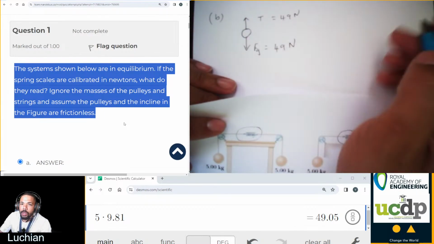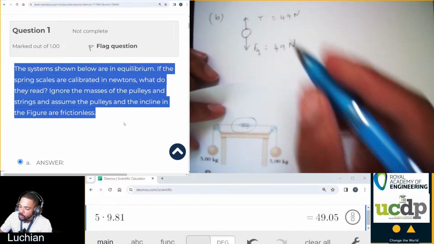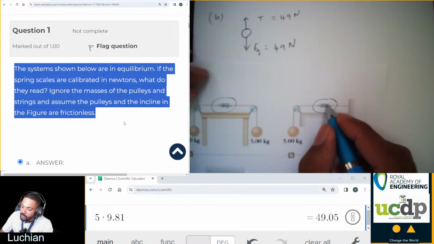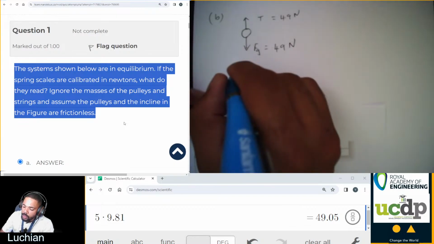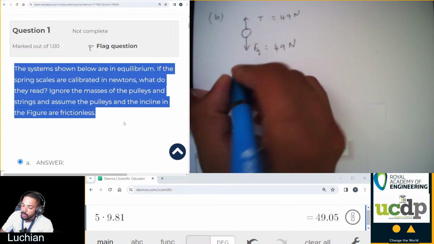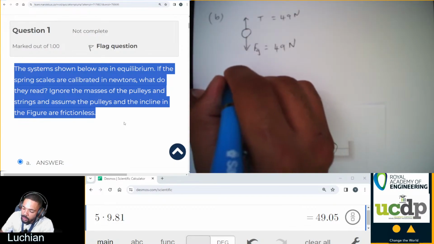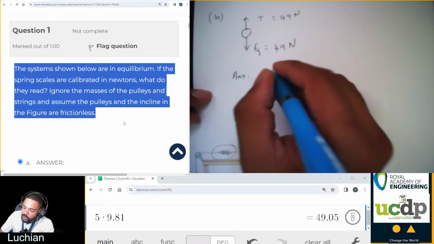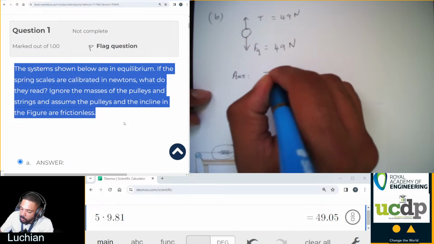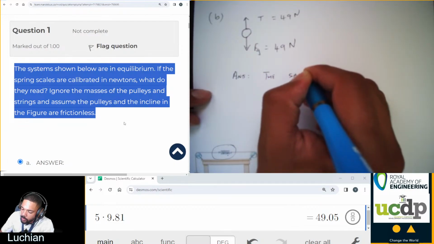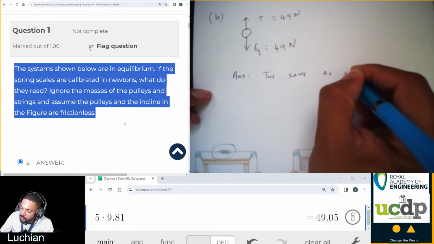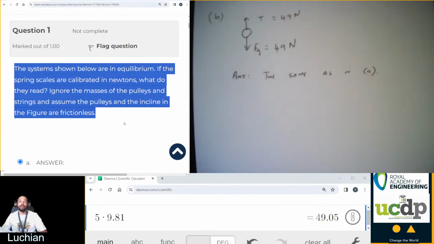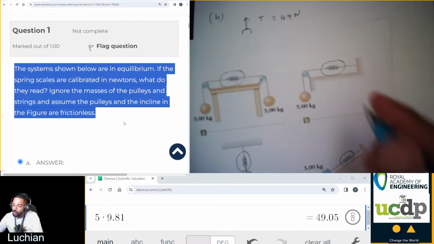It's going to be the same as the previous problem. That's why I'm not working it out. The tension in the rope is going to be 49 newtons, meaning the readout on the scale is going to be 49 newtons. So the answer, I can just write here, is the same as in A, because it's exactly the same situation.